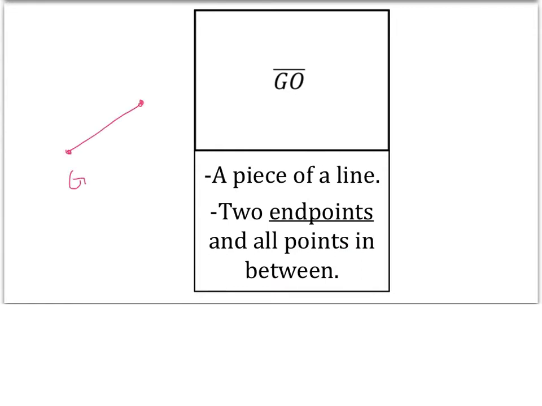So let's say again this is segment GO, and I'm going to extend this in both directions, and I know that's kind of crooked, but I hope you get the idea. This line contains segment GO. All segment GO contains are the points in between its 2 endpoints.